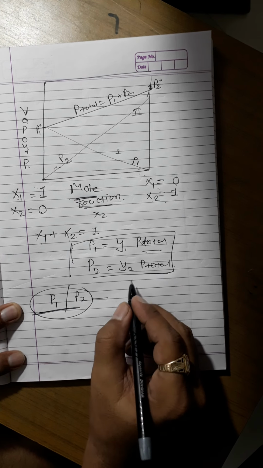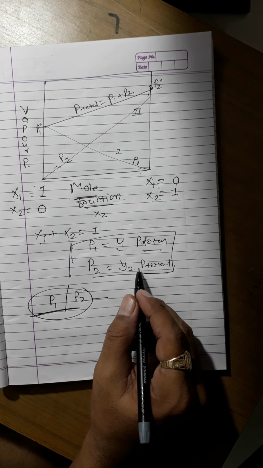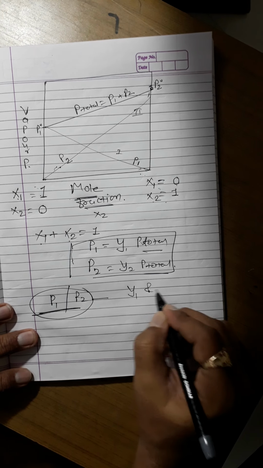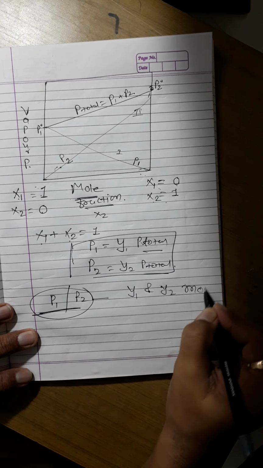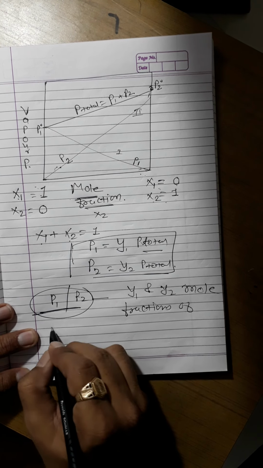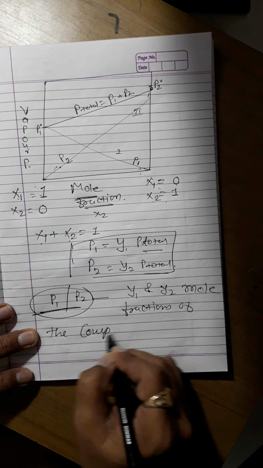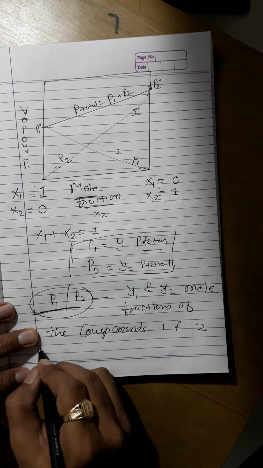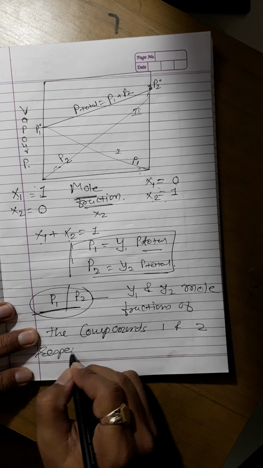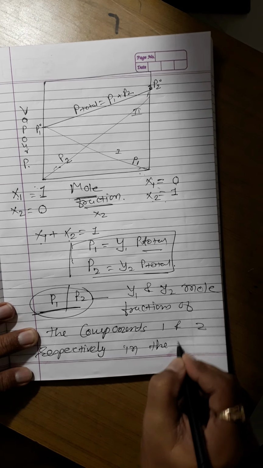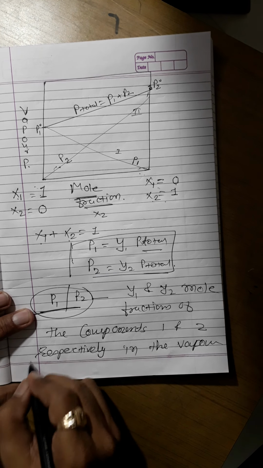P total is the total pressure, and y1 and y2 both are given here. y1 and y2 both are mole fractions of the components 1 and 2 respectively in the vapor phase, friends. This is very important.